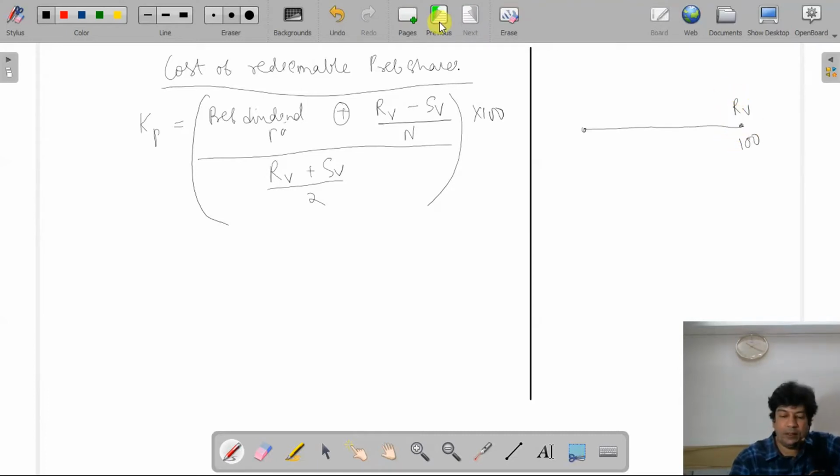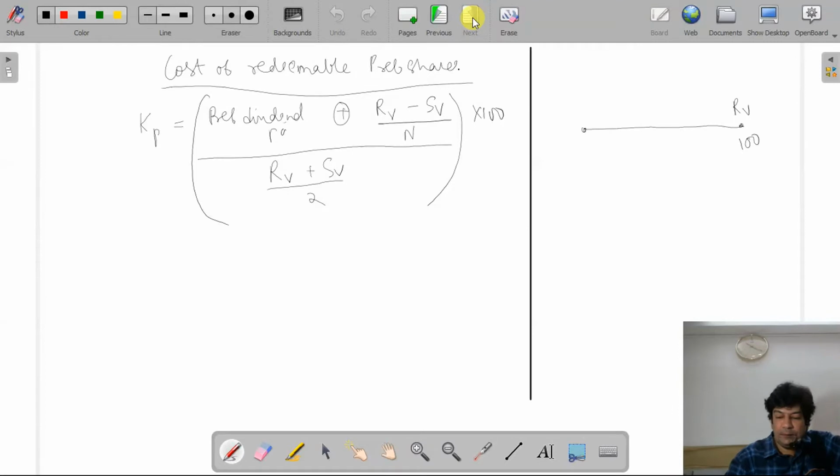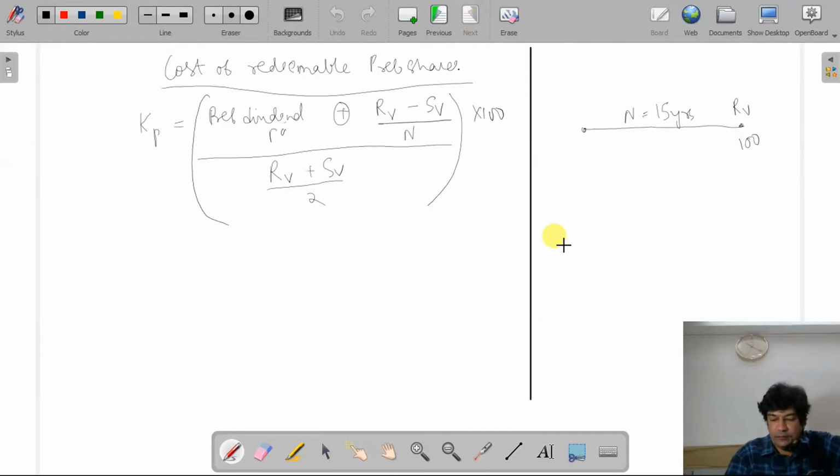They are redeemable at the par face value. Okay, and 15 years is the maturity. So the N we will take as 15 years. Okay, then 10% is the dividend rate, and I've explained to you that the dividend will be calculated on the face value of 100. So 10% is the dividend rate.